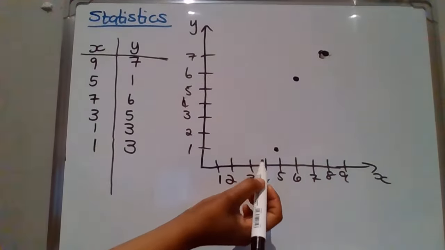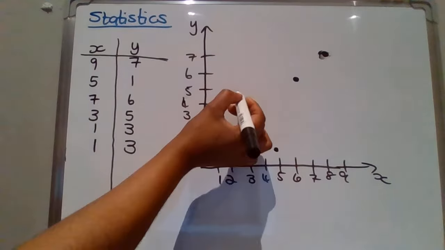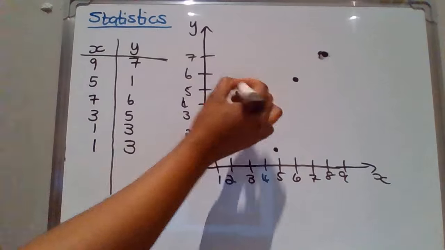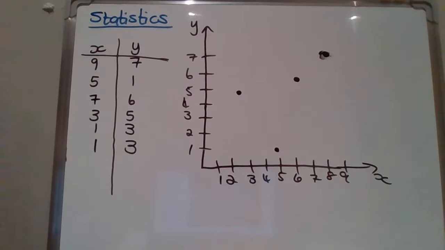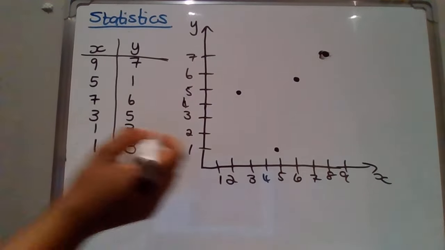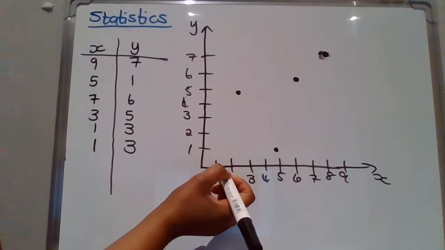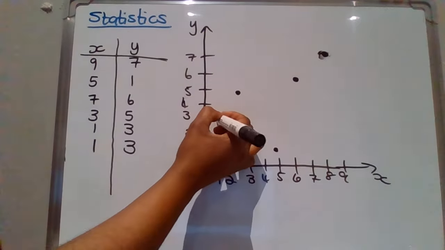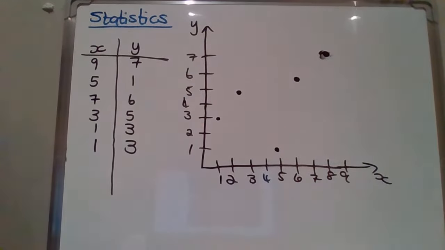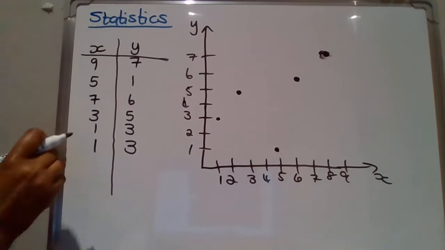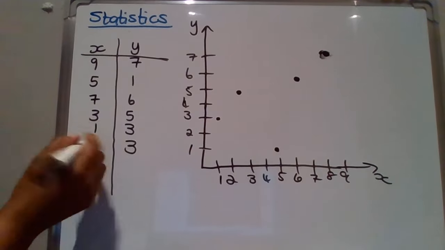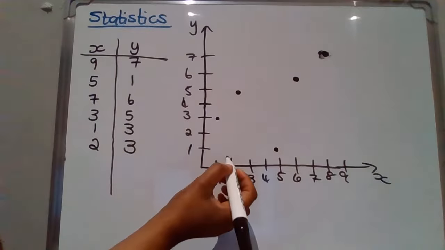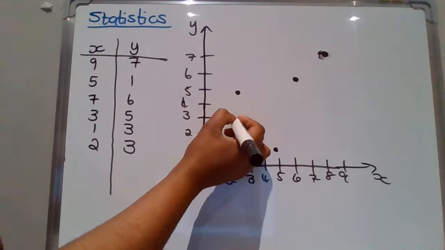Then I have 3, 5, which lies somewhere there. And then I have 1, 3. And I have another observation. So let's change this one and say it's 2, 3.